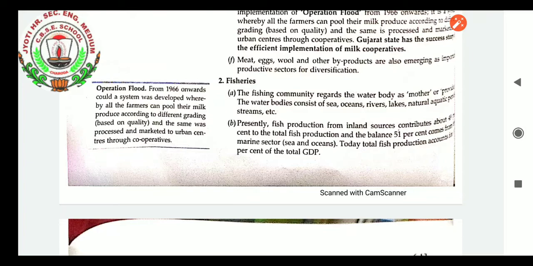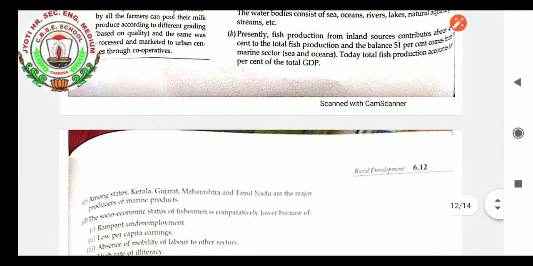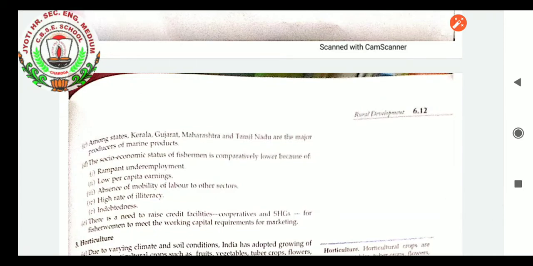So presently fish production can be done in the ponds and river areas, and 49% of income can be generated through these. Today, total fish production accounts for a percentage of the total GDP. Among states, Kerala, Gujarat, Rajasthan, Maharashtra and Tamil Nadu are the major producers of marine products.